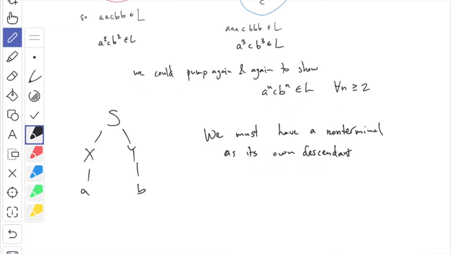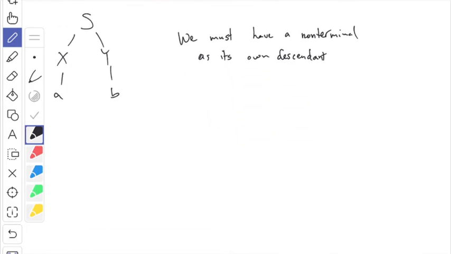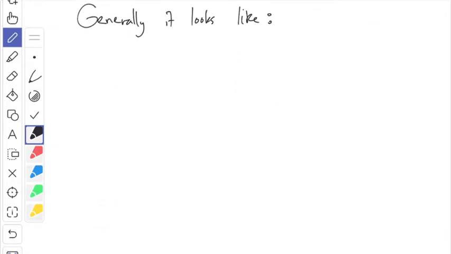In general, what this looks like is, so I was using a specific made up example there, but in general, the scenario that you have is you have some, of course we always begin with S on the top.